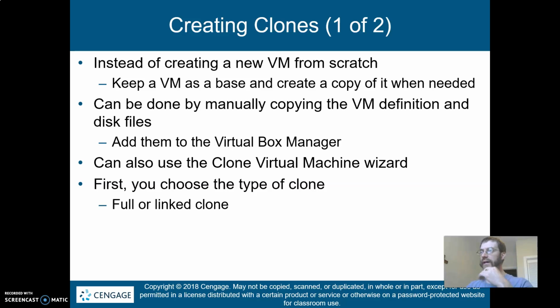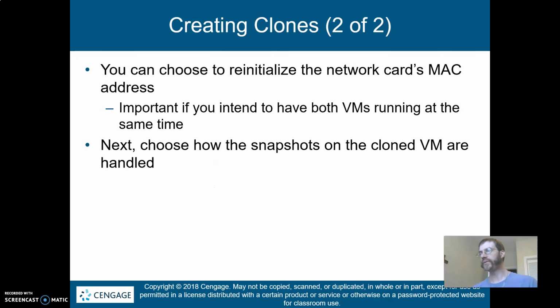If you know you're going to have the two VMs, the clone and the parent, coexisting, running at the same time in the same hypervisor, you should probably make sure that it reinitializes the clone's MAC address.